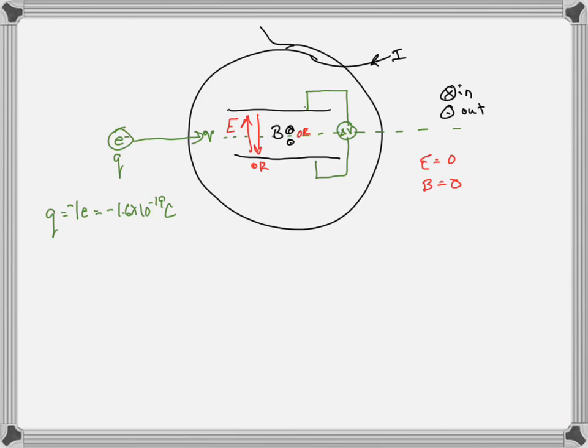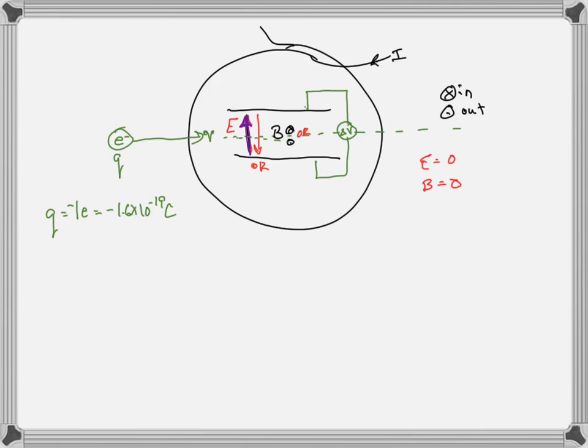What happens if now we turn on an electric field? We put a potential difference across the plates and we turn on an electric field upwards. If we turn on an electric field upwards, it's going to push a positively charged particle in the upward direction. So it'll push a negatively charged particle in the downward direction.